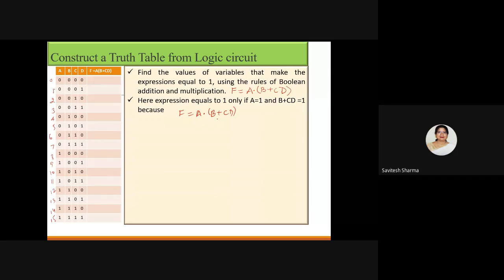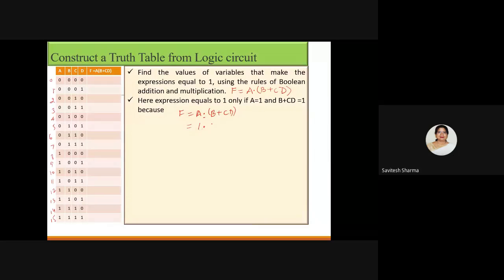So you see this is the dot, and f is 1 if A is 1 and B plus CD is also 1, then f will be 1, and for the rest of the cases it will be 0. So what I observe is that A should be equal to 1 and B plus CD, the total function, should be equal to 1. So this is the main requirement to get f equal to 1.